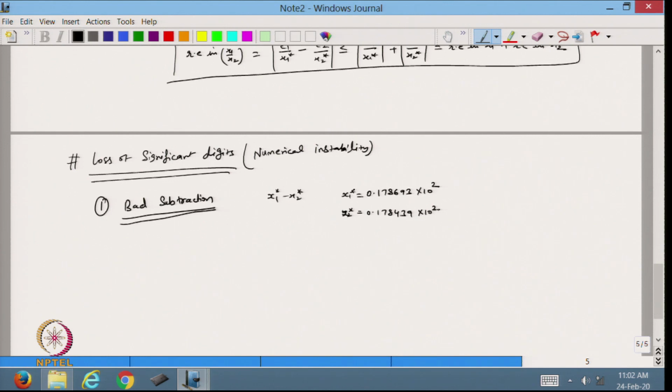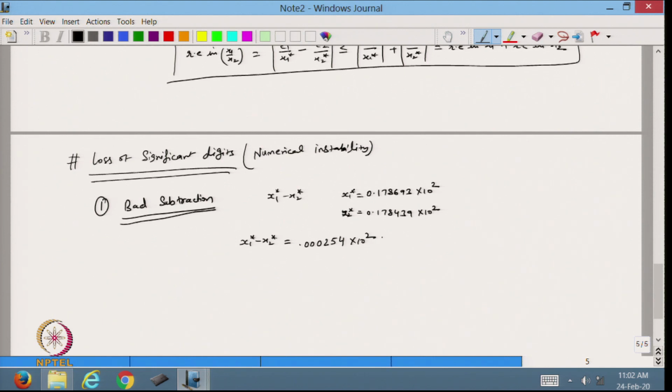If you see, these numbers have the same magnitude, 0.1786 and 0.1784, with the same power of 10. Suppose I want to do the subtraction. If I subtract, what will I get? It will be 452 followed by 0, 0, 0, 0 into 10 raised to power 2.